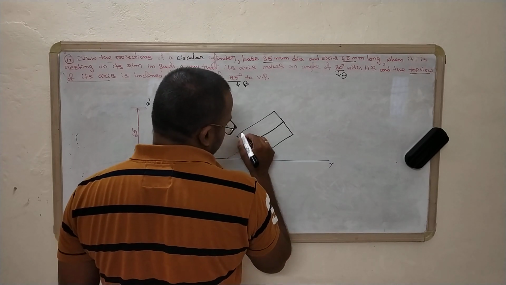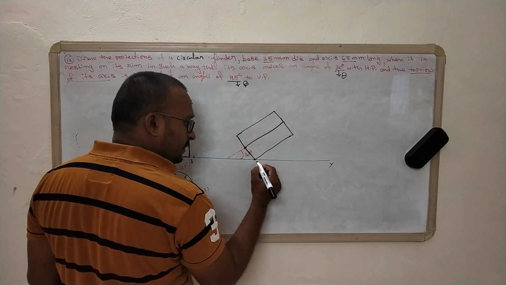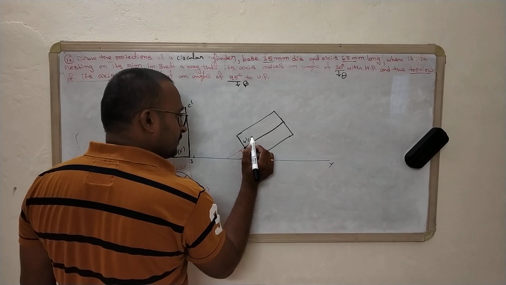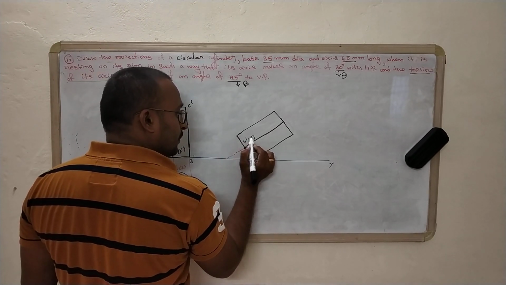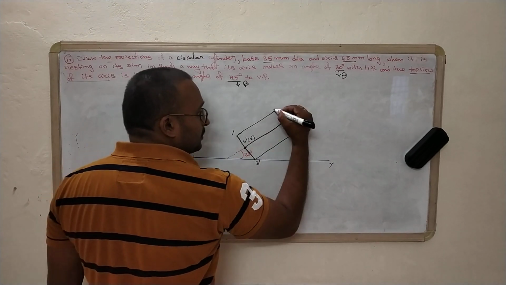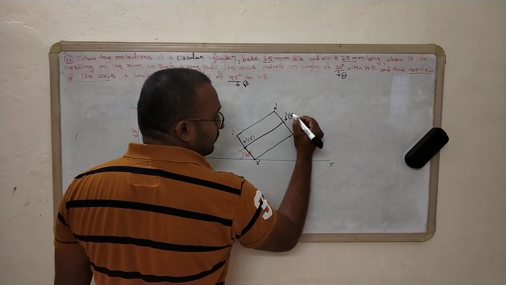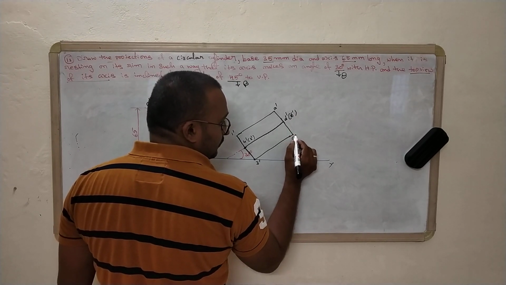Here the center axis is at 30 degrees. So here 3 dash, 4 dash of 1 dash, and then 4 dash of 2 dash, 1 dash, A dash, D dash of B dash, and then C dash.